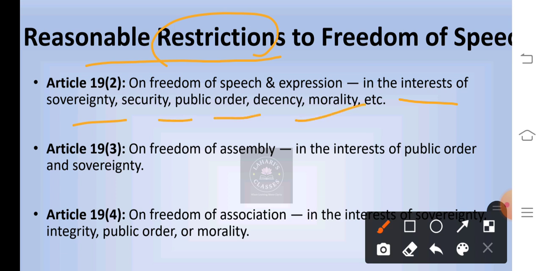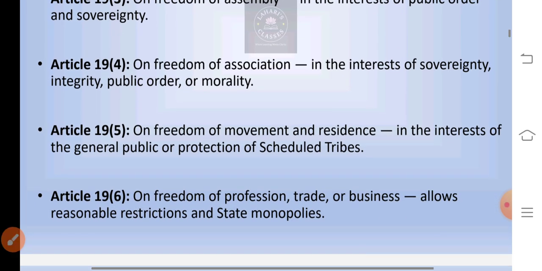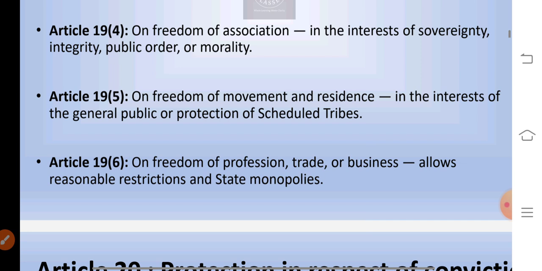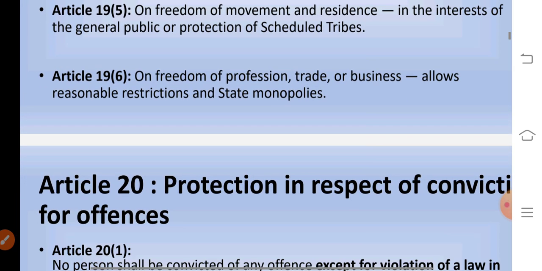Largely public order and sovereignty. So whatever freedom you have been given, it should not disturb others' freedom, others' morality, or the public order, it should not cause any harm to others, and it should be in the interest of sovereignty and integrity of the nation.